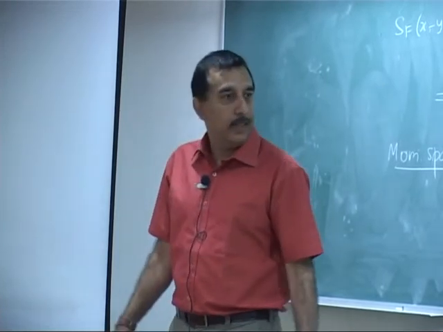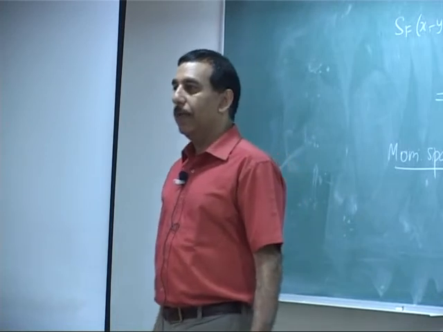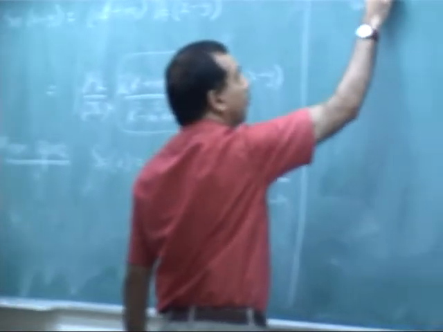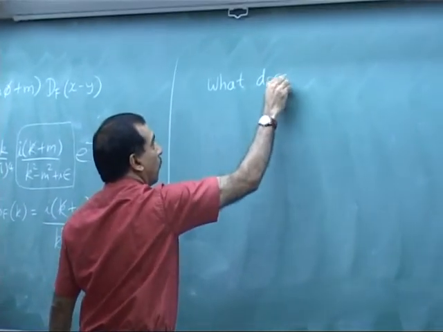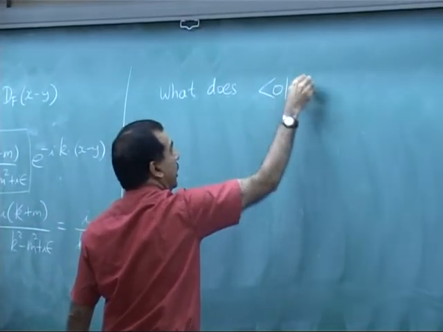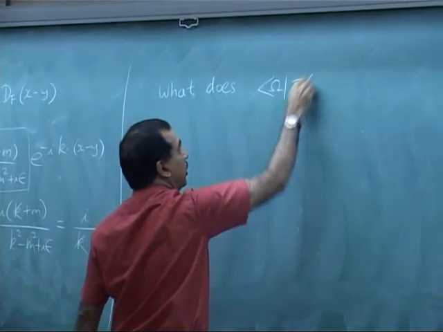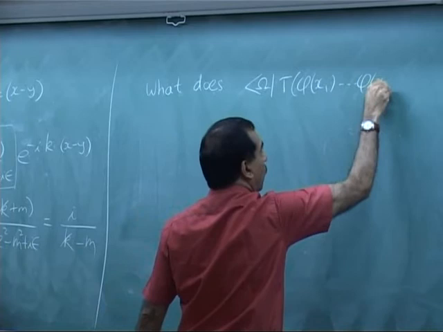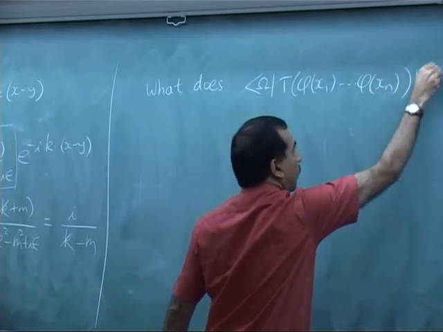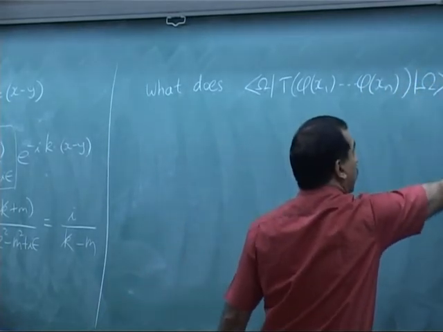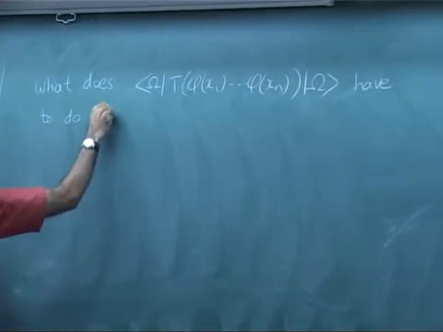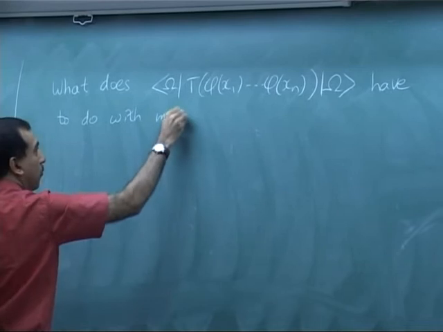The closest we'll get is Monday. But before that, we need to ask, what does <0|T ...|0>, not 0, omega, T, have to do with measurable quantities?